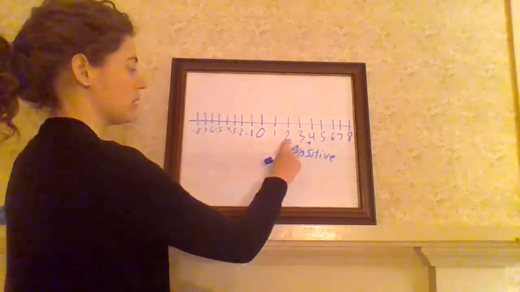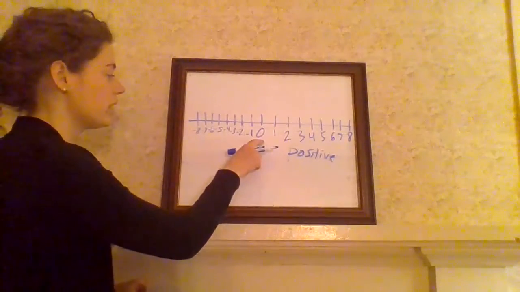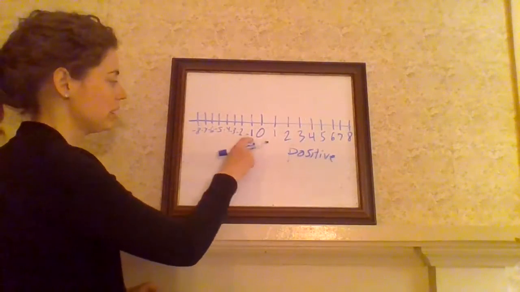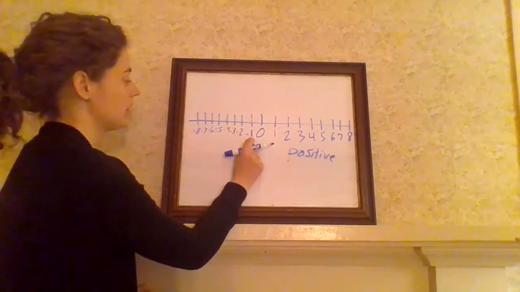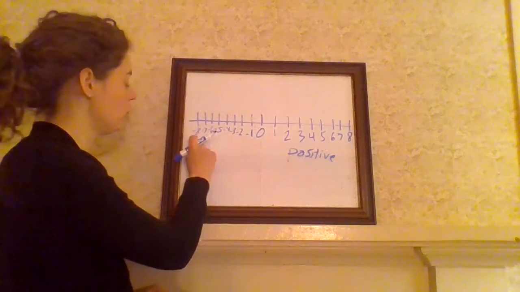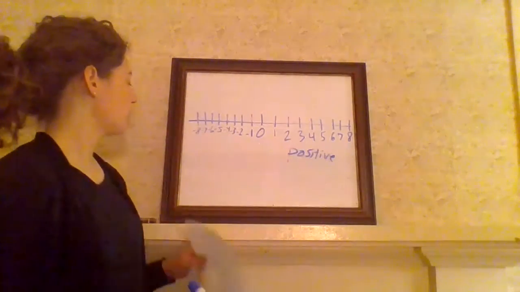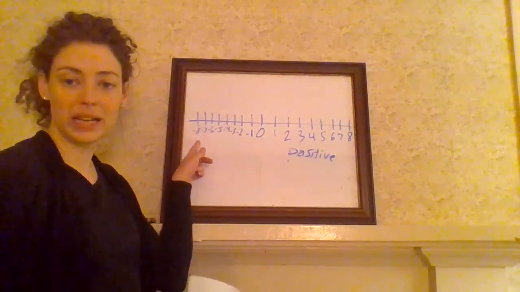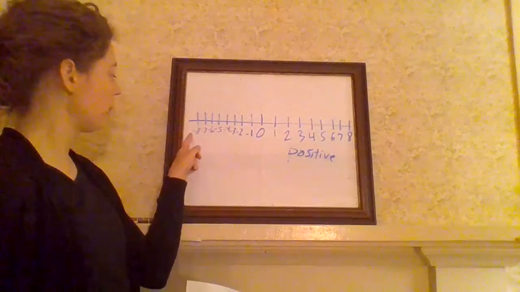So what's interesting is that in the positive numbers, as you go to the right, the number gets bigger. But look over here, as the numeral gets bigger, owing someone $8 means that you have less money than if you owe someone $1. So you have a bigger debt.